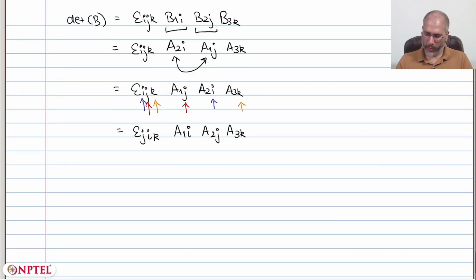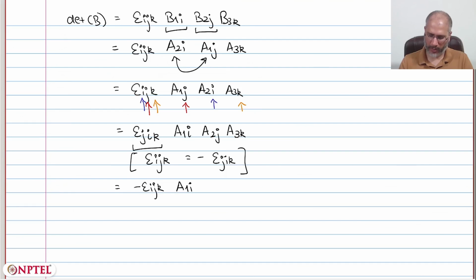All right. So now what we'll do is we will try to bring this into an epsilon ijk form. So we know that epsilon ijk is the negative of epsilon jik, because they are different cyclic orders. So epsilon jik becomes a negative of epsilon ijk.